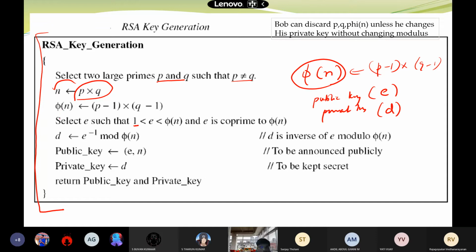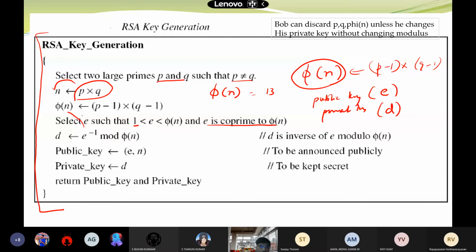What does it mean here? You're going to choose one of the elements in the set such that E is co-prime to phi of n. This is a very important point. We'll understand this with an example, but just take note of the point here. Having computed phi of n, say you get the value 13.